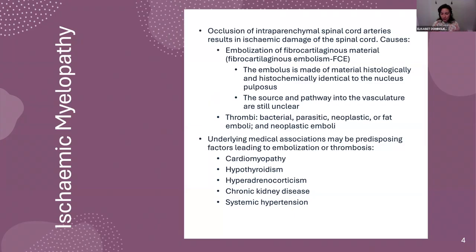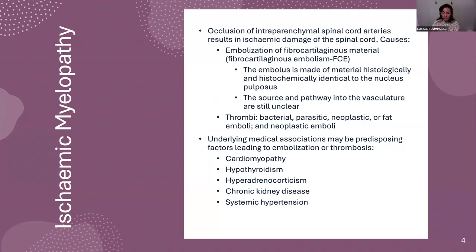We have in dogs and cats two main reasons for that. The first one, which is the most common in dogs, will be the embolization of fibrocartilaginous material, which is known as fibrocartilaginous embolism. And in that case, what happens is that we have an embolus that is made of material that is histologically and histochemically identical to the nucleus pulposus of the intervertebral disc.